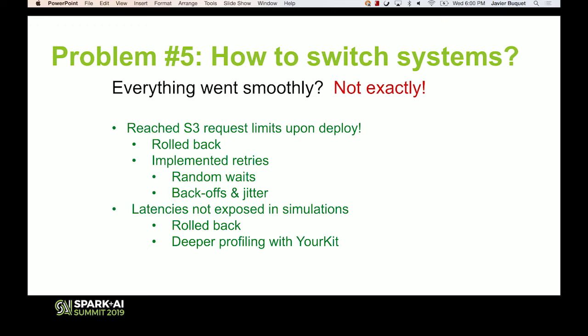We actually faced a throughput issue upon deploy. This was immediate, so it didn't have any real impact, but something that we didn't foresee. So we had to roll back. We had to implement additional retry strategies beyond those existing in the S3 client libraries already, and some other strategies. And with that, we managed to solve this particular problem.